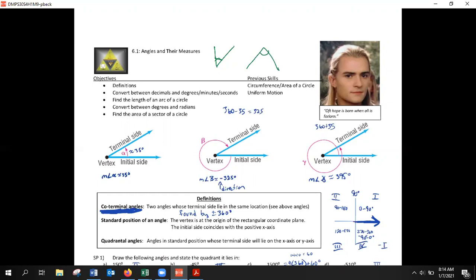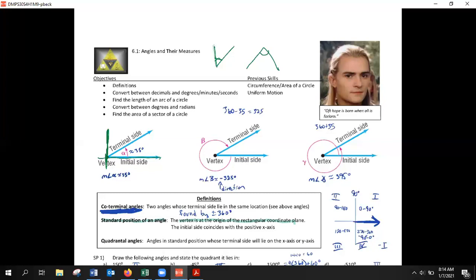So we have what's considered a standard position. The standard position of an angle is that the vertex is at the origin of the rectangular coordinate plane. So let's take a look at the angle that I have right here. We have the vertex of that angle at the origin of the coordinate plane. And then we have the initial side. The initial side is kind of the beginning.